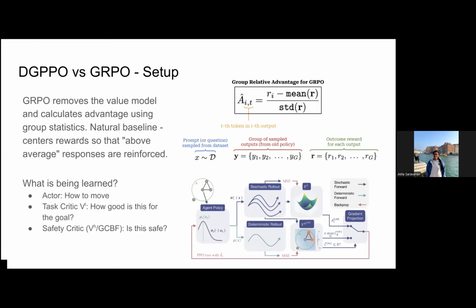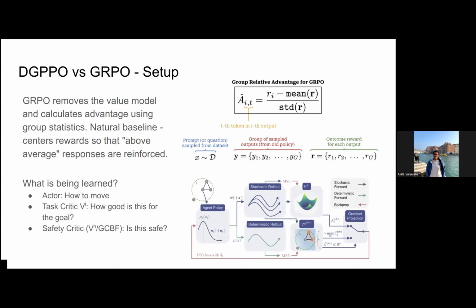This is just a representation of GRPO's version of the advantage function, which we talked about. Because we're removing the critic, GRPO removes the value model, and instead we're just calculating the advantage with normal statistics.